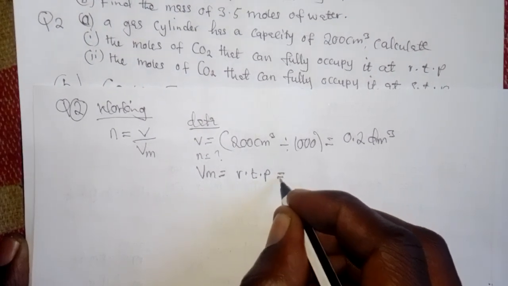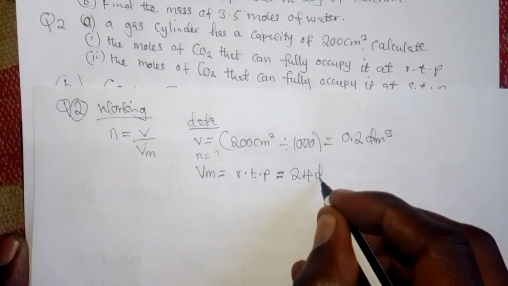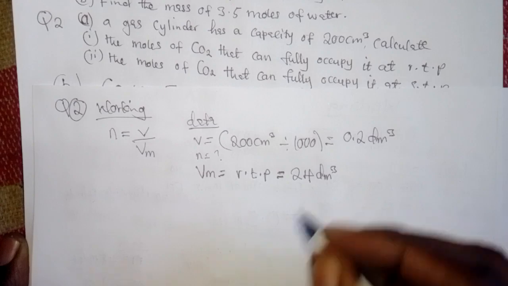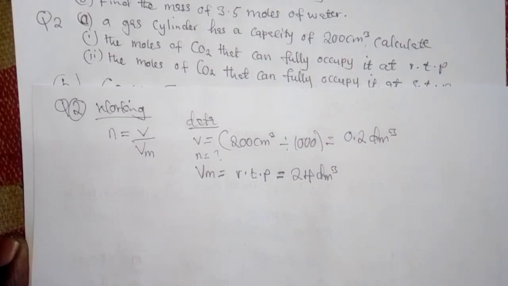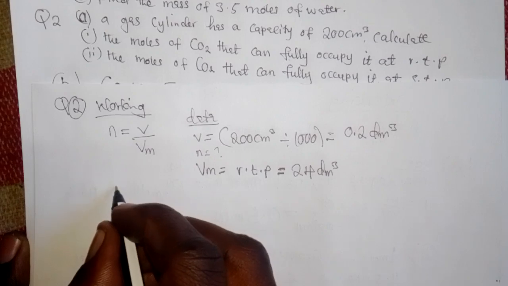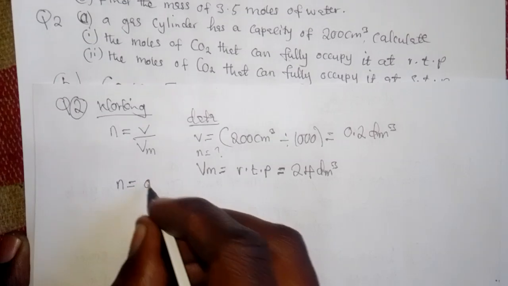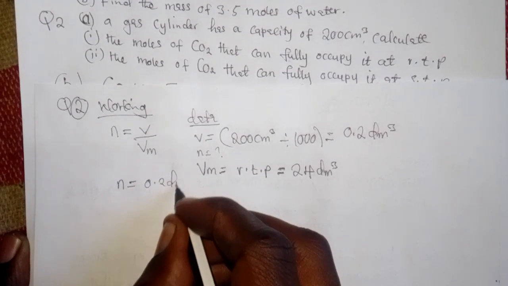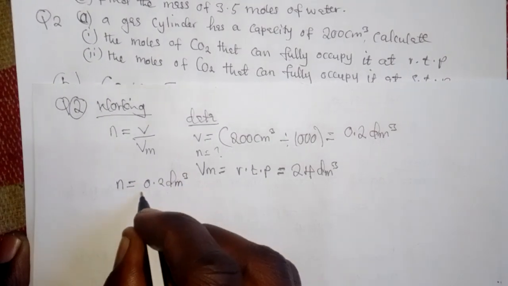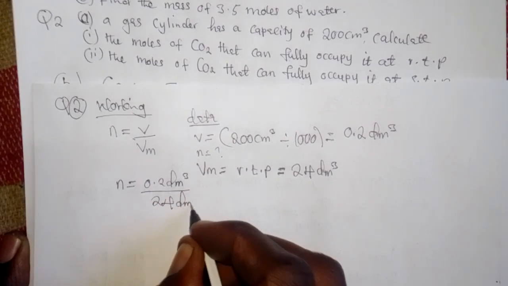The molar volume is always 24 decimeter cubed under room temperature. So how do we find our value? The number of moles is the volume, 0.2 decimeter cubed divided by 24 decimeter cubed.